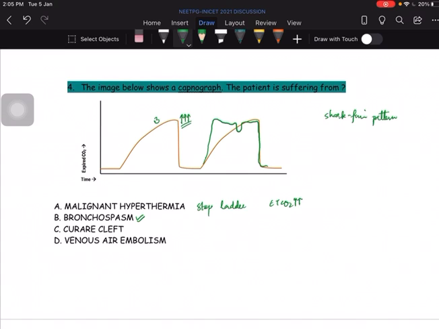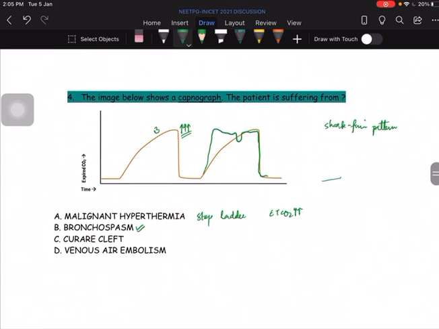And in venous air embolism, for example, if you push a lot of air bubbles in the central venous catheter, if this is your capnograph, you will see a sudden fall in the ETCO2 level, which will be seen in venous air embolism.